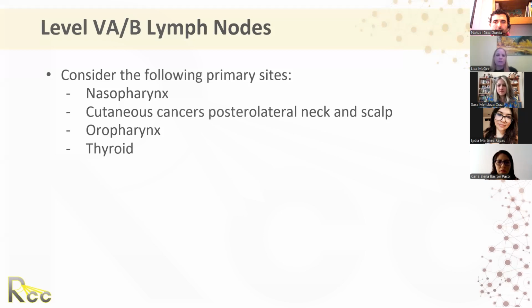It's not common that we treat thyroid malignancies with external beam radiation therapy, but I do think that it's useful to remember when you see the occasional anaplastic thyroid that you're going to be treating with external beam, that you should always be including level 5 in your volumes electively.